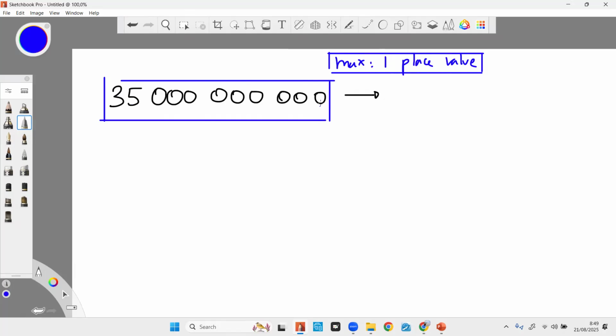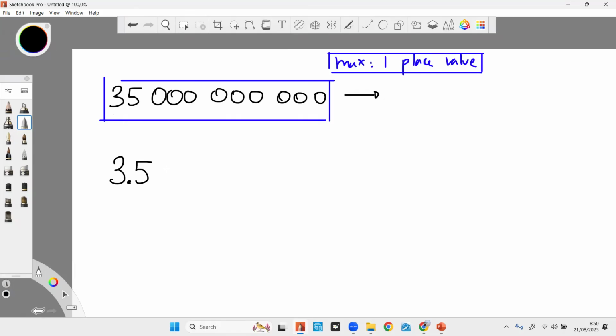We have so many place values here: 1, 10, 100, 1,000, 10,000, 100,000, million, 10 million, 100 million, billion, 10 billion. And we want to simplify to a maximum of 1 for the place value. Therefore, you need to look at this number as 3.5.